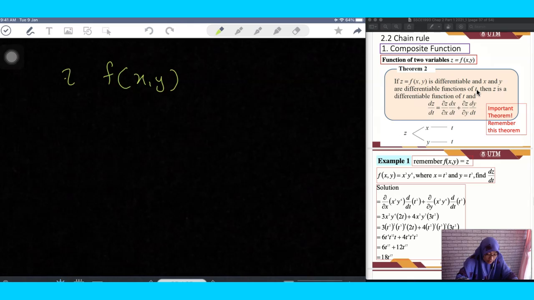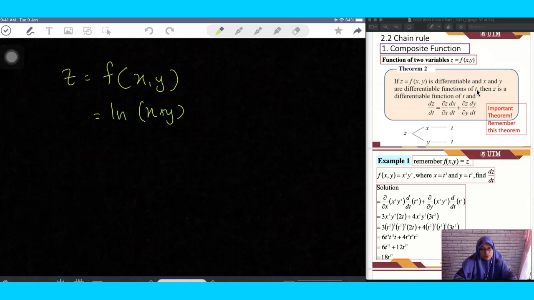The thing that you always have is just x and y. For example, what we have discussed previously, ln of x plus y. You can see it is just x and y.